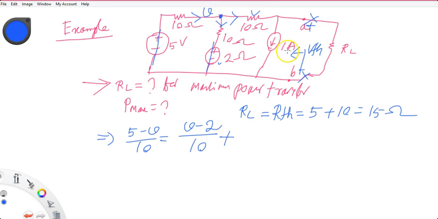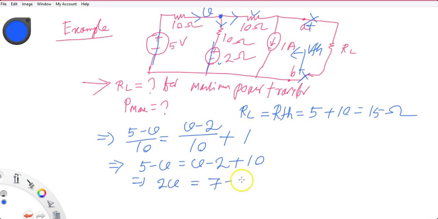because here 2 volt, here (V minus 2) upon 10, plus already you have a 1 amp, which implies 5 minus V equals V minus 2 plus 10, so 2V equals minus 3, and V is equal to minus 3 upon 2, which is equal to minus 1.5 volt.